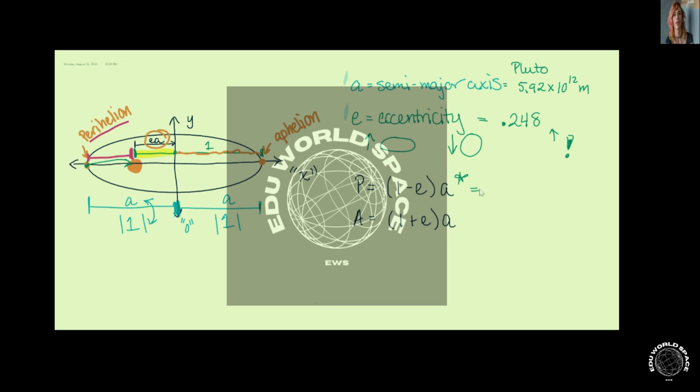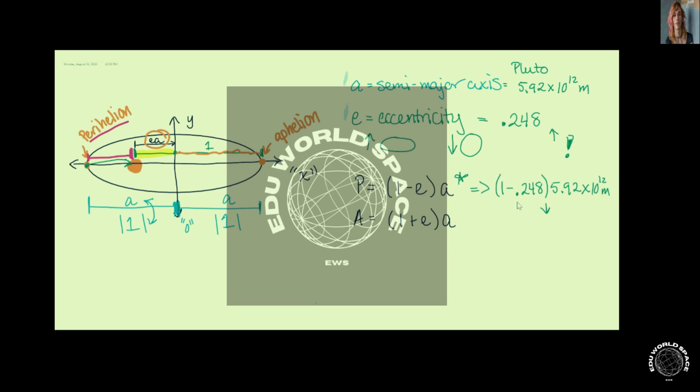So we're going to set this up and plug in our values. So 1 minus 0.248 times our A value, which is 5.92 times 10 to the 12th meters. So when you plug that into your calculator, make sure that you're doing PEMDAS.